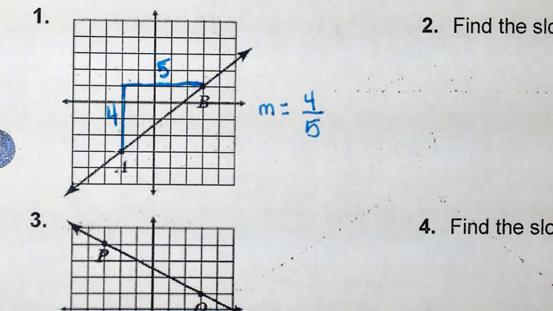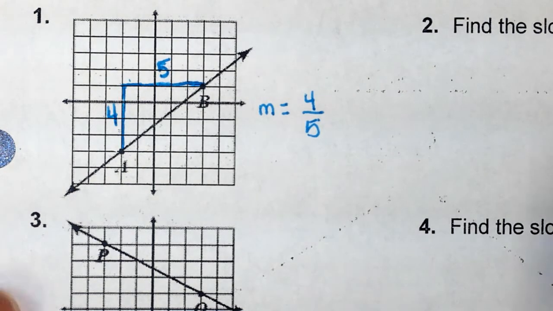Rise over run. I rose 4, I ran 5. Oh, and this one, if you can't reduce, then you leave it like that. 4 over 5, y'all should know can't be reduced, so leave it that way.